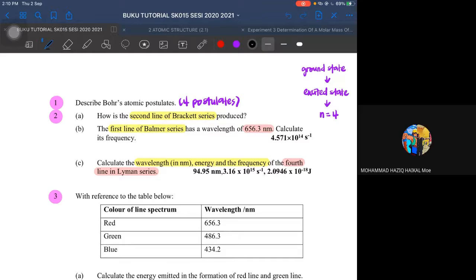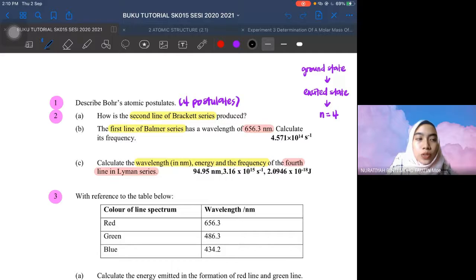Higher level to lower level. Okay, very good. So a line is produced when the electron falls down from an excited state to any other energy level. Only then is there photon emission, and only then is there a line in your spectrum.